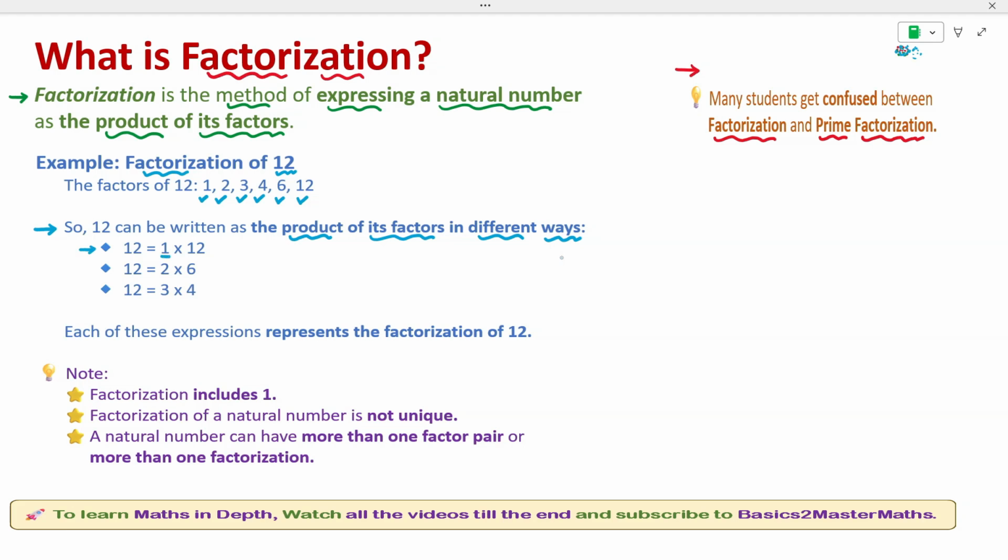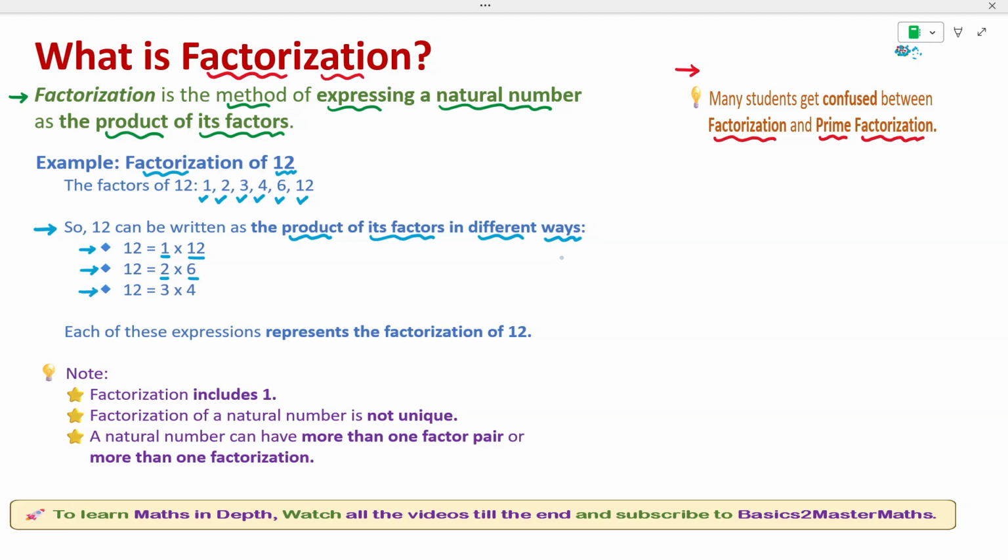as the product of 1 and 12. Also, 12 can be expressed as the product of 2 and 6.